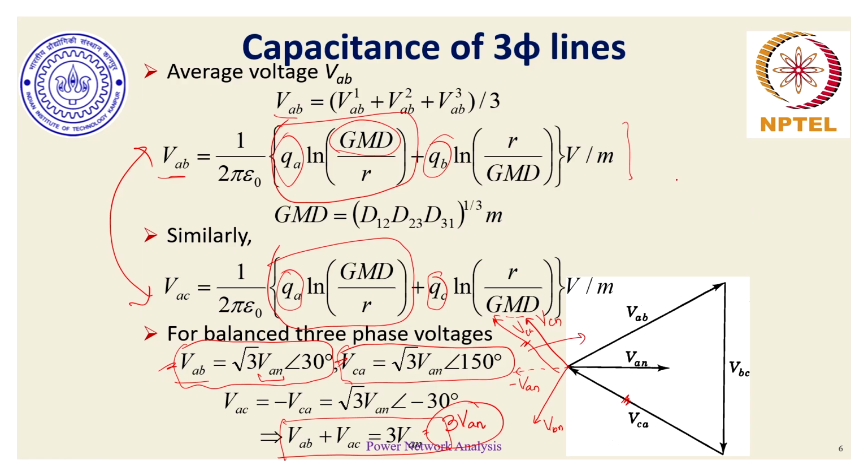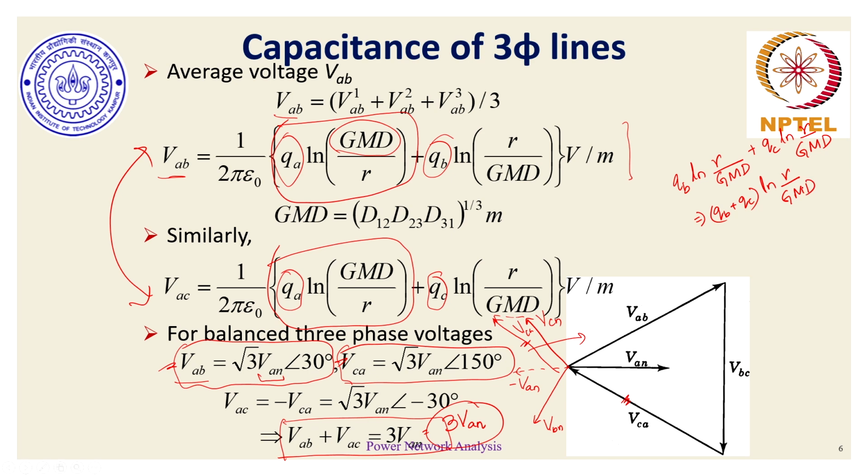So, let's look at it for a bit. We have QB natural log of R by GMD added with QC natural log of R by GMD, in which the second terms are common. So this is equal to QB plus QC natural log of R by GMD.